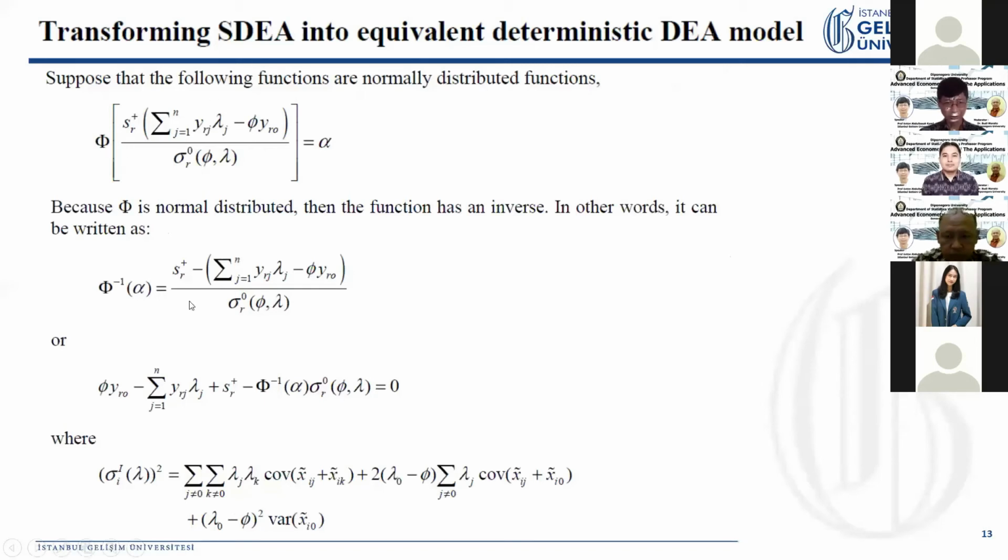This alpha follows the standard normal distribution, so we assume everything to be normally distributed. But actually, when transforming DEA to SDEA, you can also use other distributions. It depends on the data you use. It's not always normal.